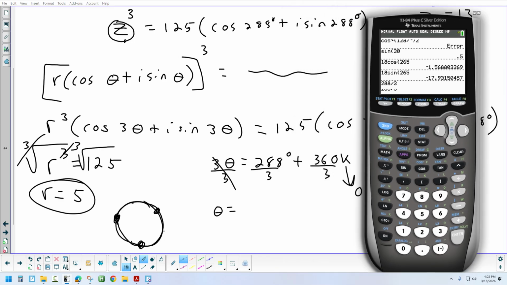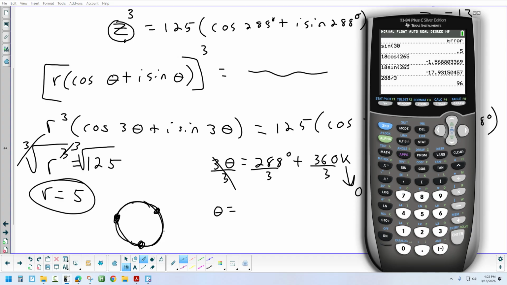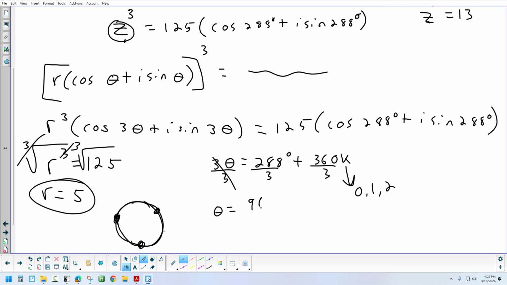Oh, it is, because if you add up all the digits, 8 plus 8 is 16, 16 plus 2 is 18. As long as the digits add up to something divisible by 3, the whole thing is divisible by 3. So we get 96. And what's 360 divided by 3? 120. There's the 120 that I was telling you about from the equilateral triangle.